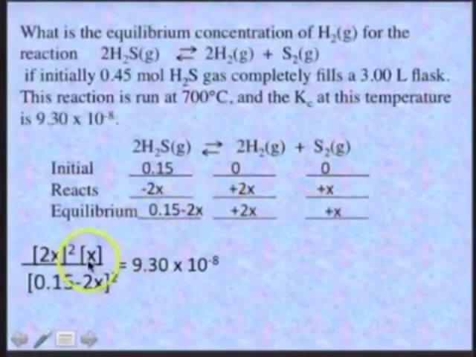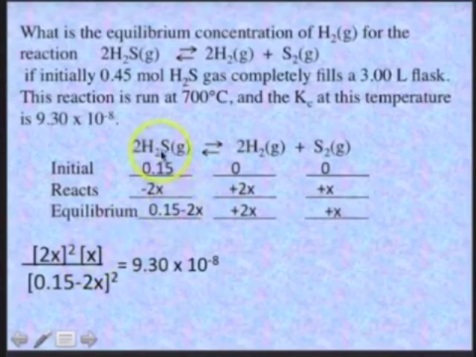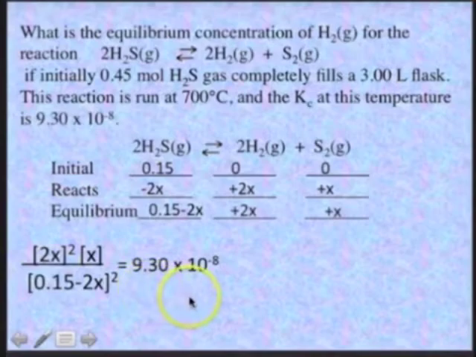The sulfur is X, and the H2S we know is going to be squared because there's a 2 in front of it in the balanced equation. That's going to be 0.15 minus 2X squared. So here it is. Now this is a nasty quadratic equation.